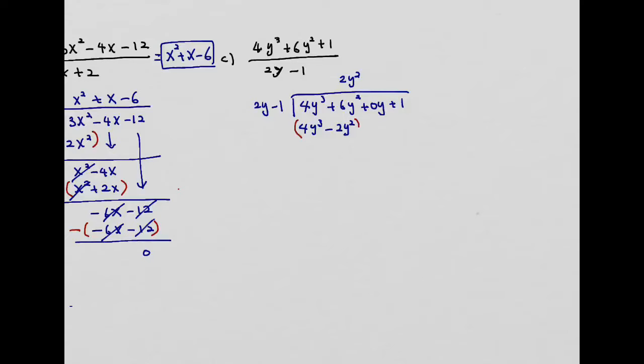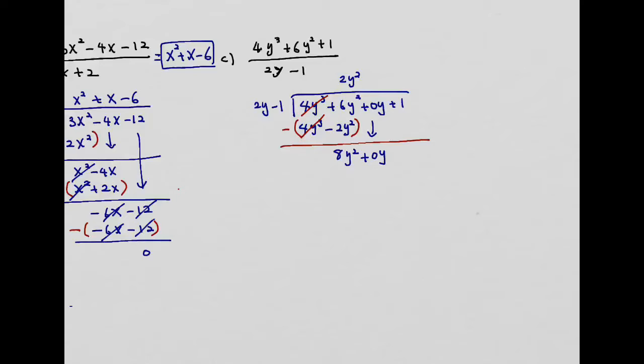And then you're subtracting, right? When you subtract, these 2 cancel out. Always the first term cancels out. That's how you decide what to multiply, right? And this is going to be 6 minus negative 2, which is the same as 8. That will be 8y squared. Bring down the next term, which will be 0y.